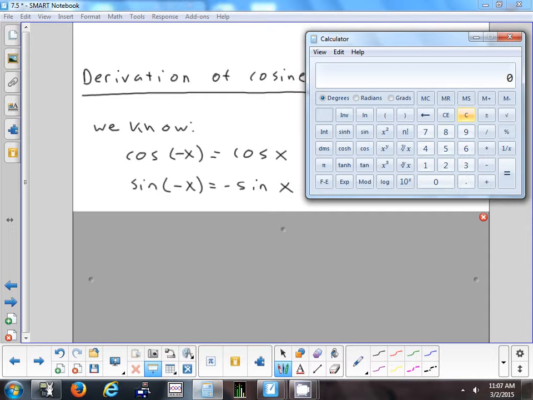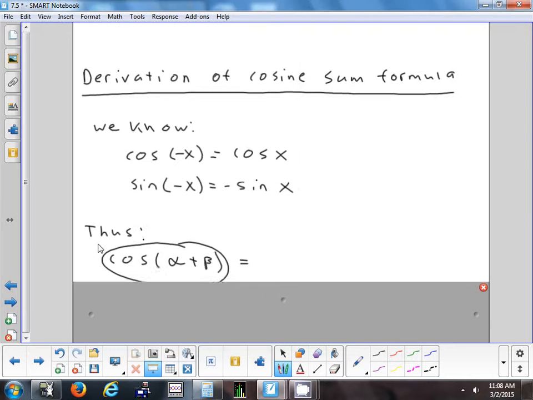Take cosine of 20, 0.94. Take the cosine of negative 20. It's still 0.94. Comes out the same. With sine, it's a little different. If you take the sine of a negative angle, you can take the negative and put it in front. You can't just get rid of it like you can with cosine. But it's basically like you could take the negative and put it in front.